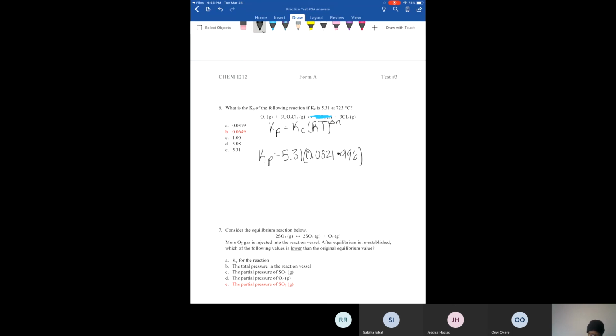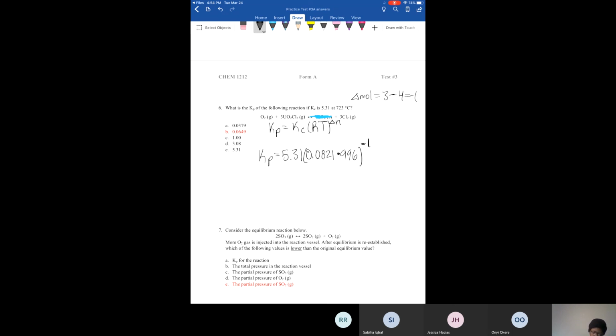And for your change in moles, you have 3 moles on the product side. You write it out, actually: 3 minus 4, so your change in moles is -1. So it's to the -1 power. For this question, make sure you pay attention to the phases. The phases matter. If it's not a gas or an aqueous phase, it doesn't go into your change in moles calculation.